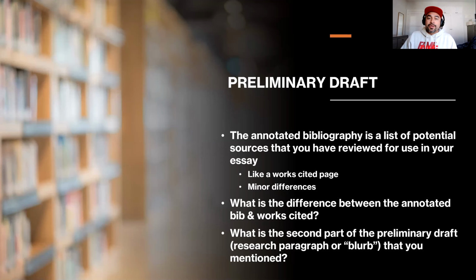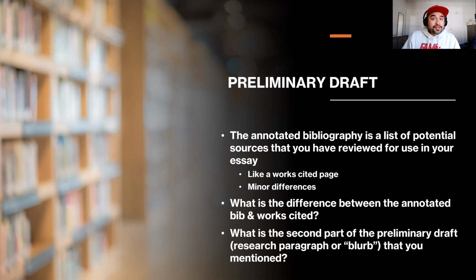You're welcome to add and delete to this list as you move forward with your research process. The advantage of creating this annotated bibliography is that it helps you identify the strengths and weaknesses of your sources, and it gives me a brief discussion of the usefulness of each source.